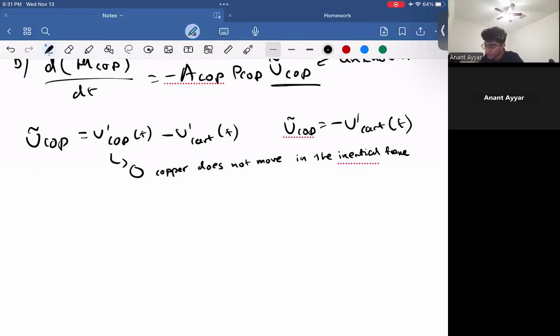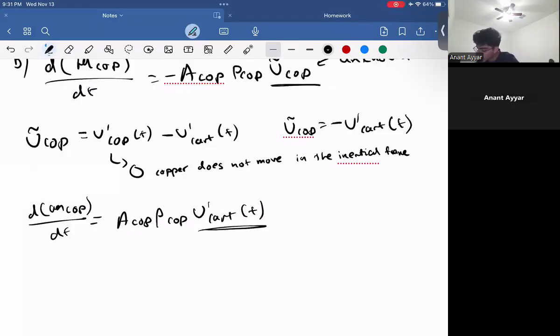So now let's take our equation d of m cop et, and let's substitute our new value, a cop, rho cop, and v prime cart of t. And now this, we should now realize, unlike the part A, this is not a constant. So, and we don't know the expression for this thing, so we have to leave it as an integral. And the way we do that, so let's first integrate both sides. Integrate.